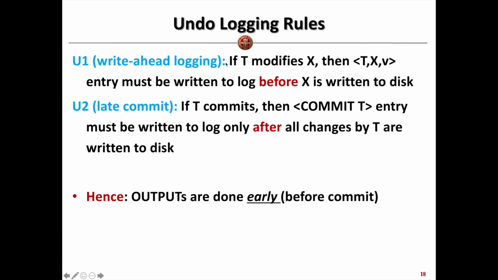In this way, undo logging will be effective. So these outputs are done before we do the commits. This is a safe way for undo logging. So these are the rules and records we can see in undo logging. We provide you with an example.